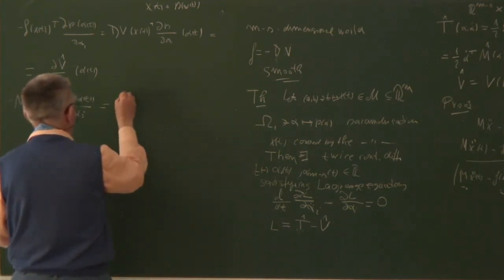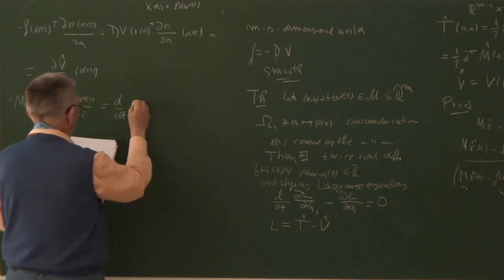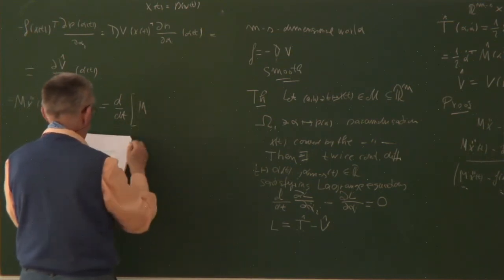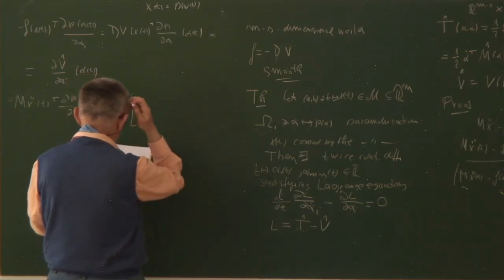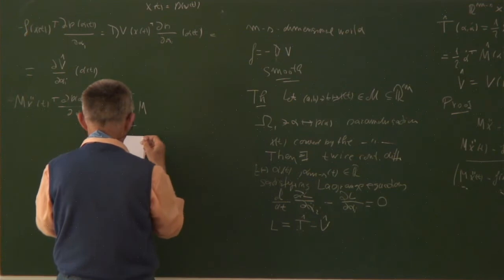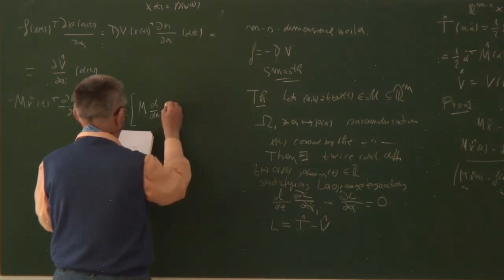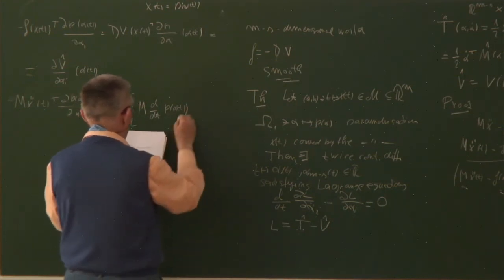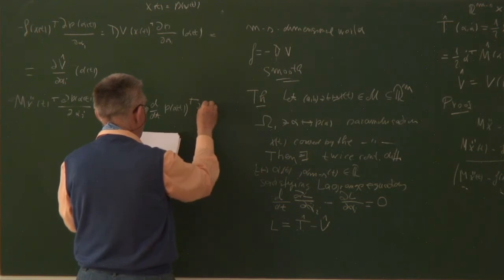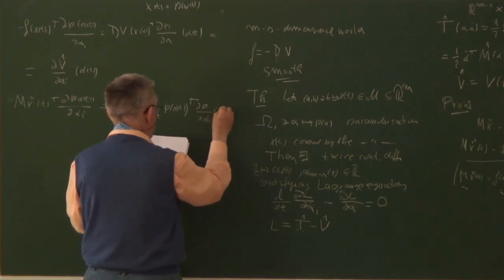So that's d over dt of m d over dt p of alpha t transpose dp over d alpha I alpha of t.